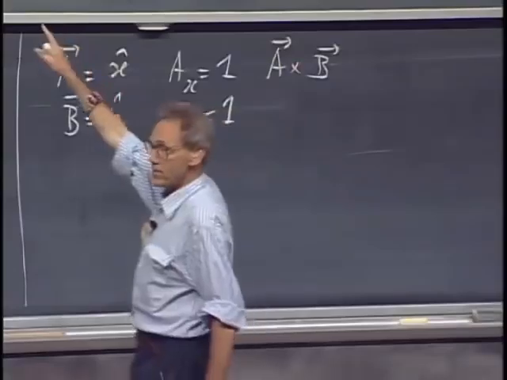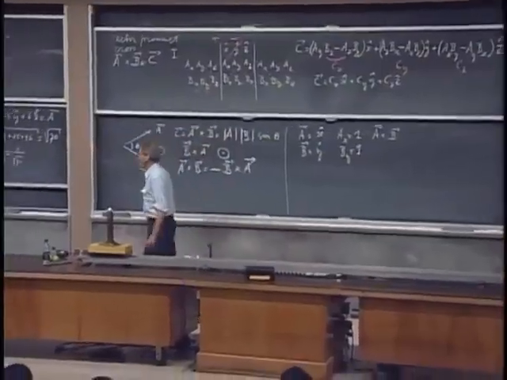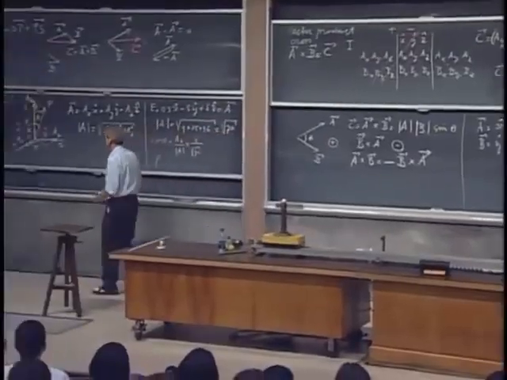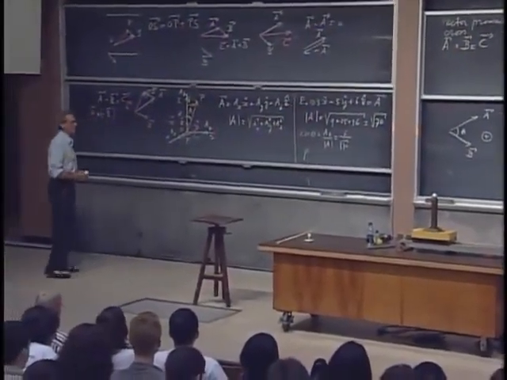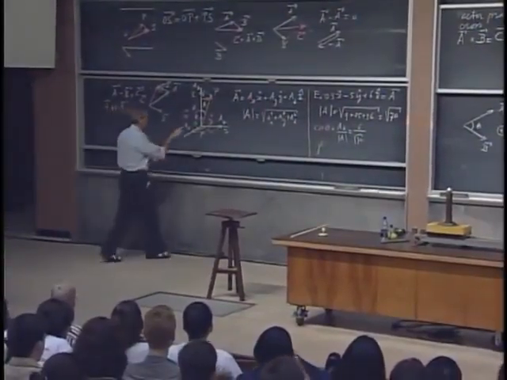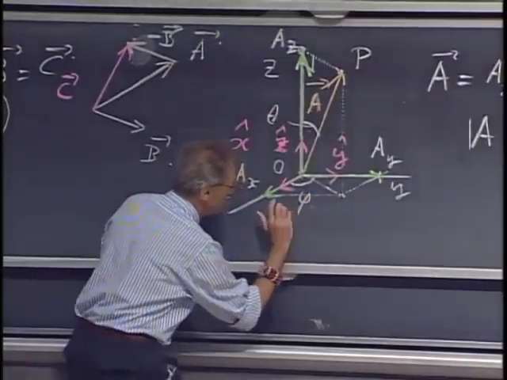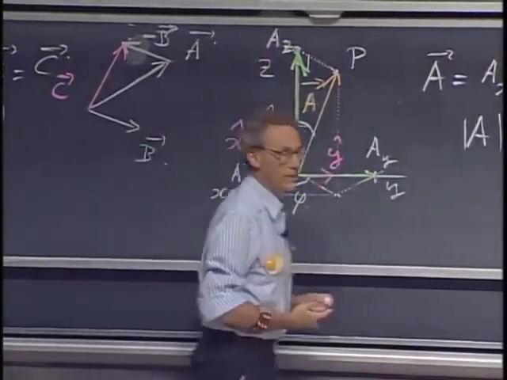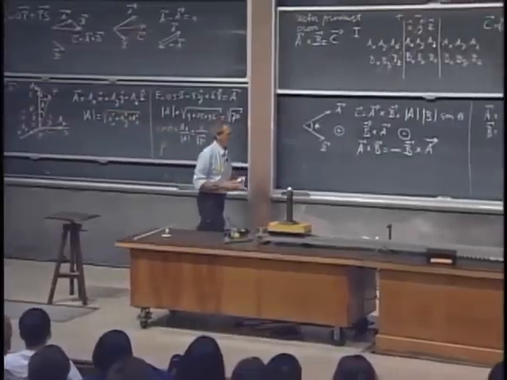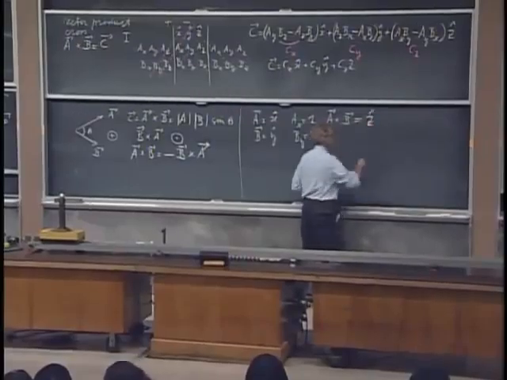Well, you can apply that recipe, but it's much easier to go to the x, y, z axis that we have here. A was in the x direction, the unit vector, and B in the y direction. I take A in my hand, I rotate over the smallest angle, which is 90 degrees, to y, and my corkscrew will go up. So I know the whole thing already. I know that this cross product must be z roof.